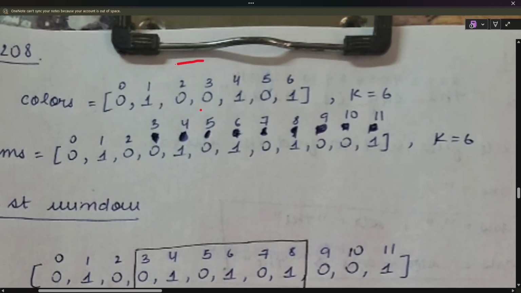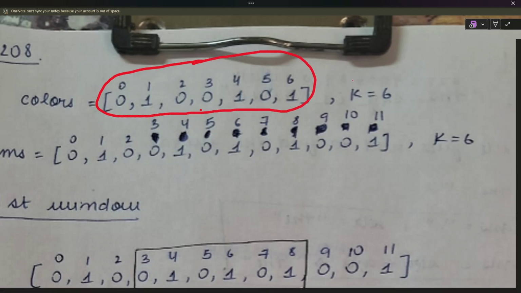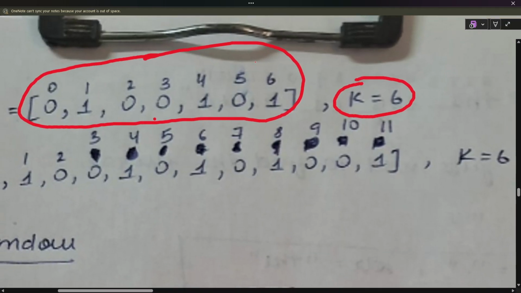There are elements 0 to 6 in it, and the window size is k. If we're standing at index 6, we have 1 element and need 5 more.